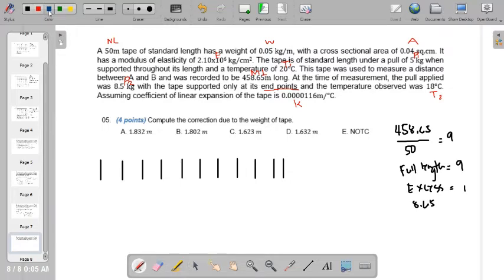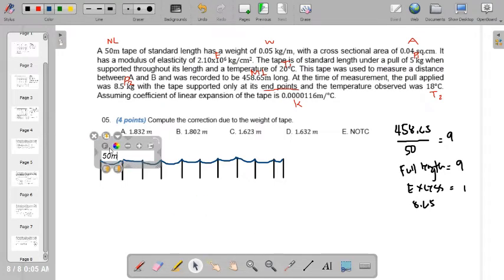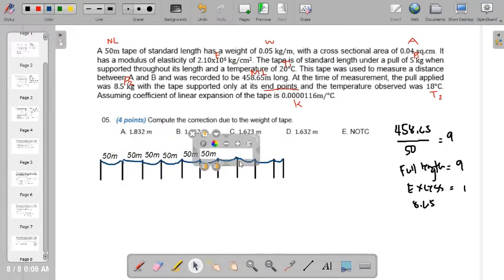Your tape was stretched 9 times, full length. Now, these are all 50 meters. And the last one is 8.65 only.